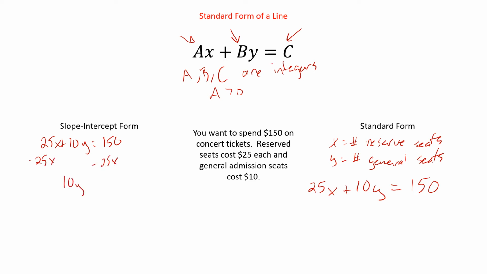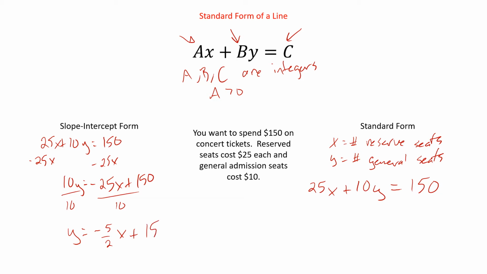So we have 10y equals negative 25x plus 150. And then we would divide everything by 10. And so we would get y equals negative 25 over 10. We can divide each of those by 5. So that's going to be negative 5 halves x plus 150 divided by 10 is 15.